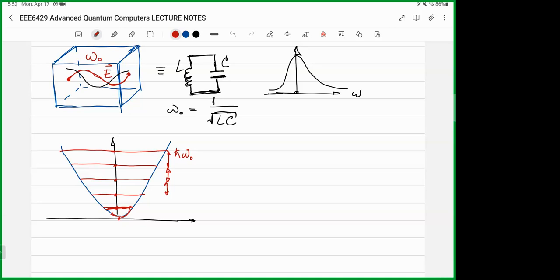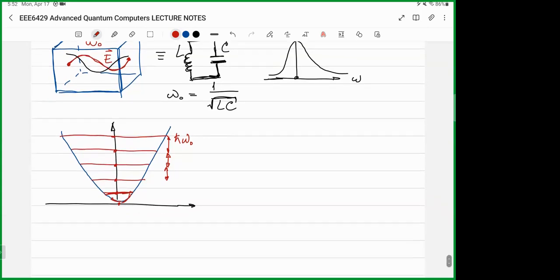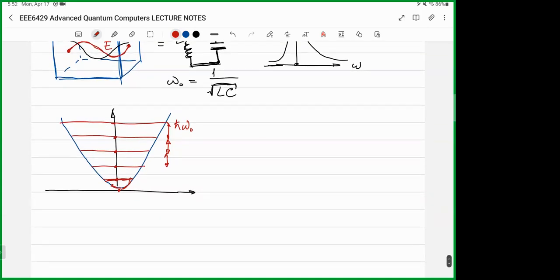So we need to bring some nonlinearity, and how do we do so? We bring this nonlinearity via the Josephson Junction effect, or Josephson effect.